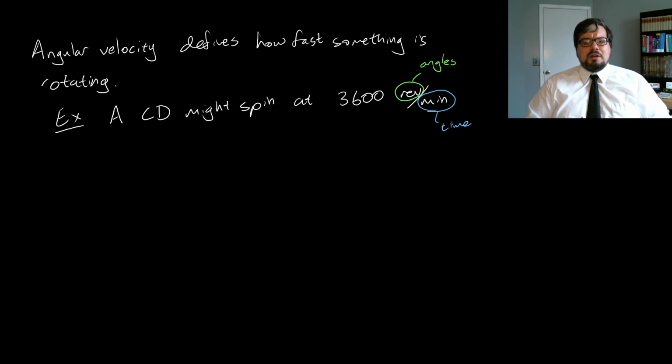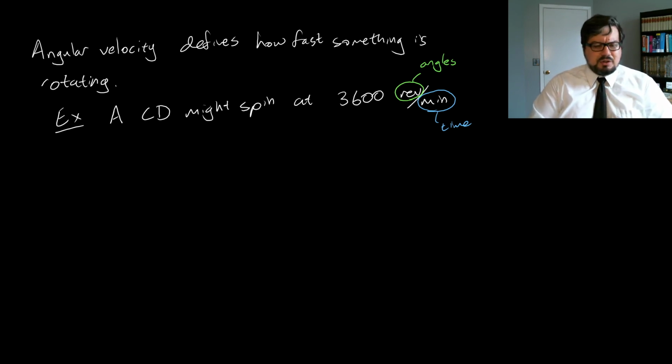When we want to work with this, a lot of times we'll want to convert these units into either radians or degrees. So let's talk about how we convert between revolutions and radians or degrees.